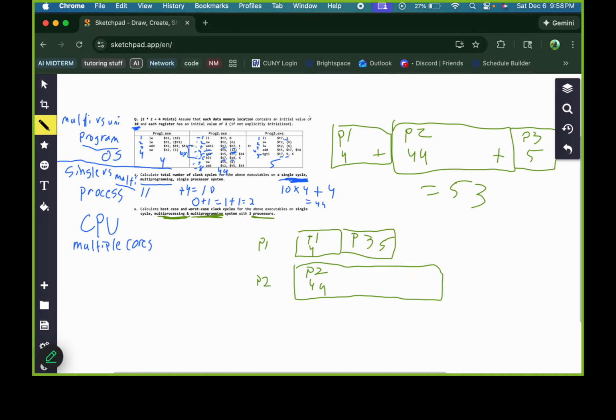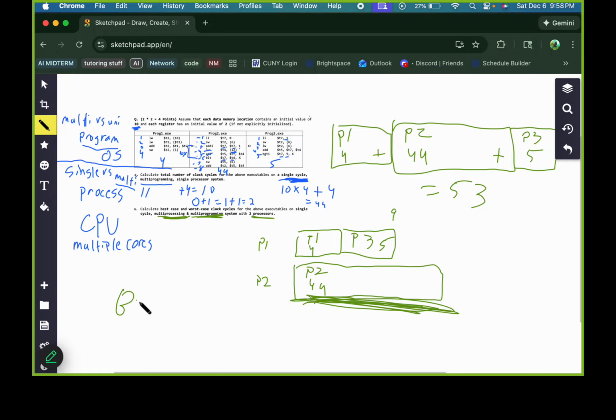So this is going to finish at 9, but this is still going to keep going. But since we got rid of the easy processes first, right, that's going to allow us to essentially only need to take the largest finishing time. So this is still going to finish at only 44 now.